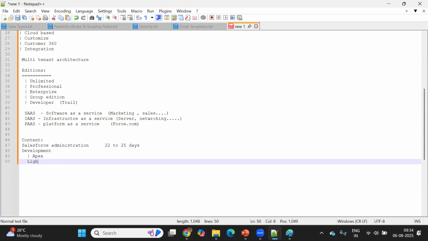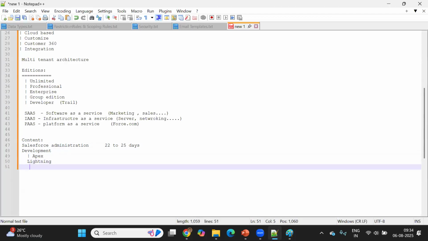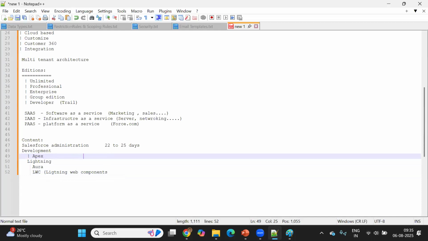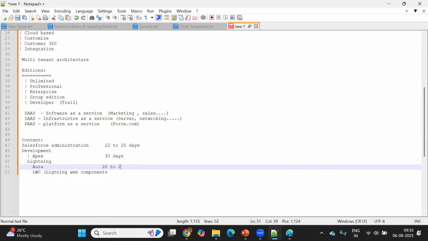In Lightning, Aura and LWC, Lightning Web Components, are mandatory. Without Lightning Web Components, you can't procure a job. Apex will take 30 days, and Aura and Lightning Web Components will take 20 to 25 days.